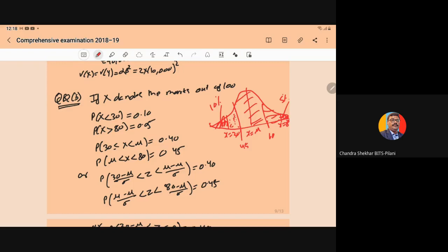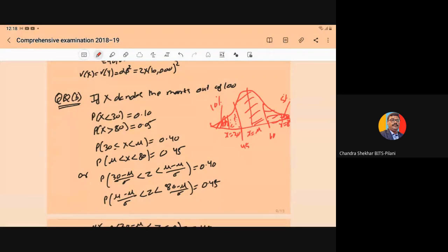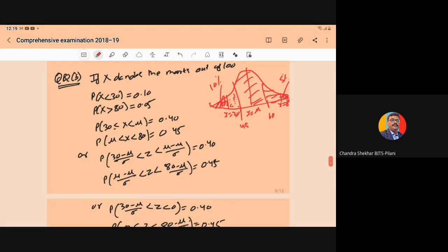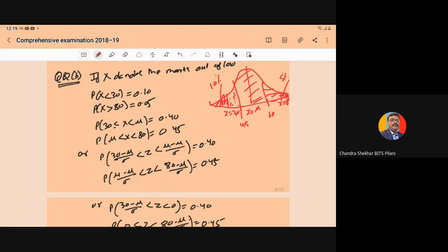So what is given to you? When the marks are less than 30, there are 10% students. So probability of x less than 30 will be 0.10, and 5% students scored distinction, that is x greater than 80, so it will become 0.05. And we know that the normal distribution is symmetric about the average.